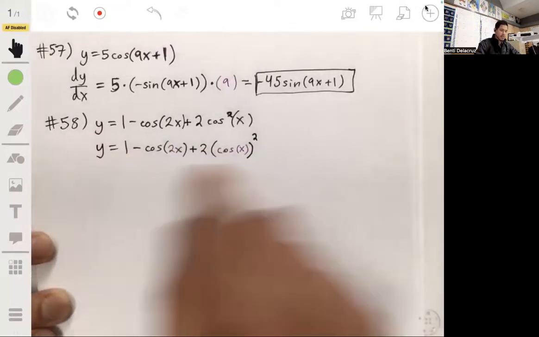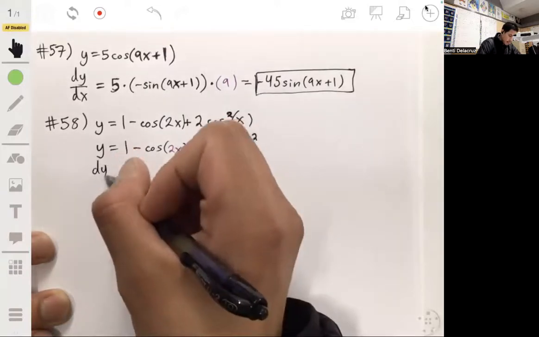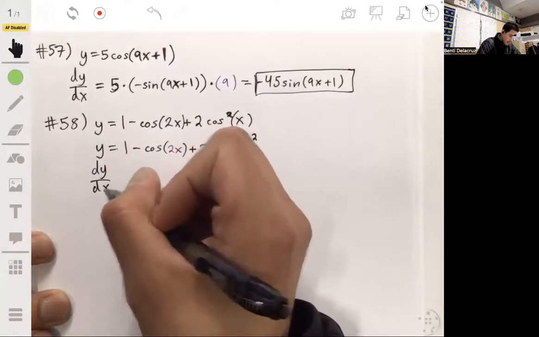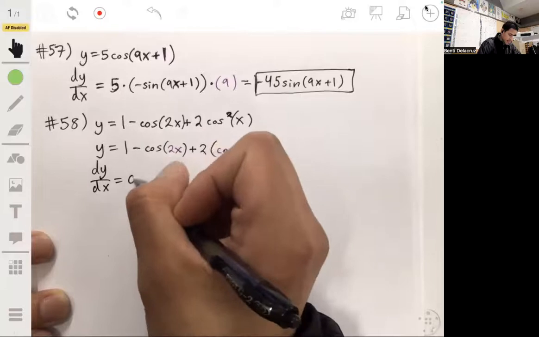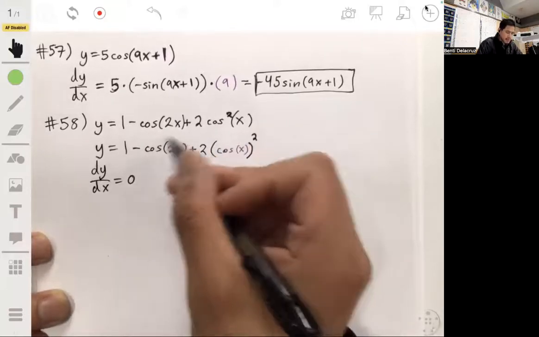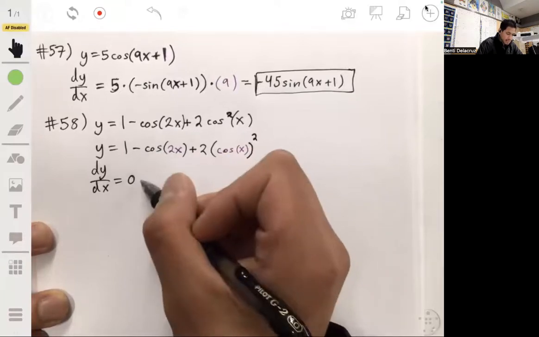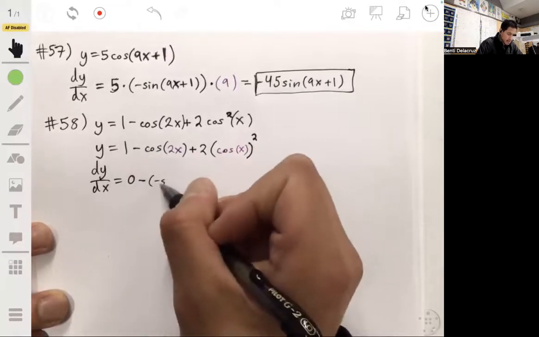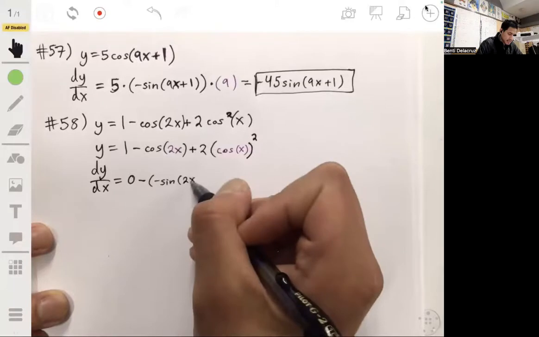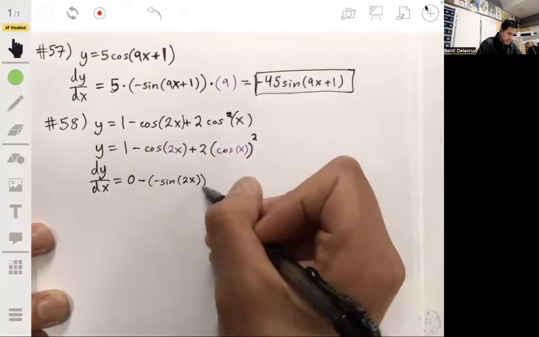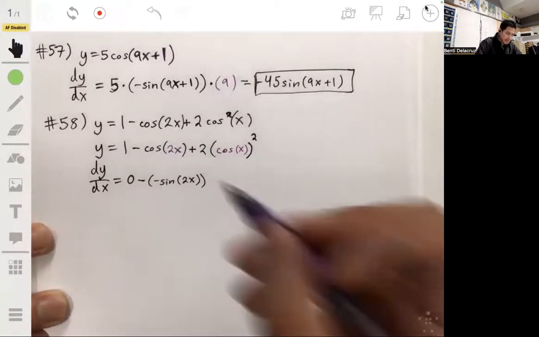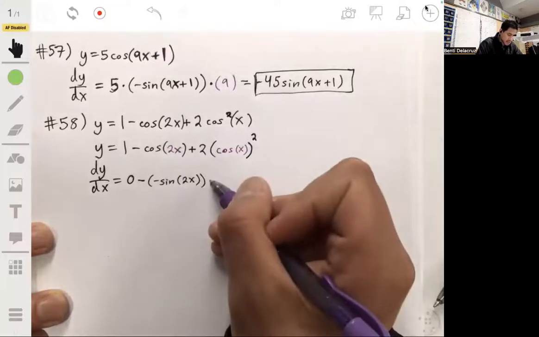So we're going to take the derivative piece by piece. The derivative of 1 is just 0. We take the derivative of the cosine function, which is the negative sine function, so it'll be minus negative sine, and we keep the inside the same, so minus negative sine of 2x. And we're going to multiply that by the derivative of 2x, which is just 2.